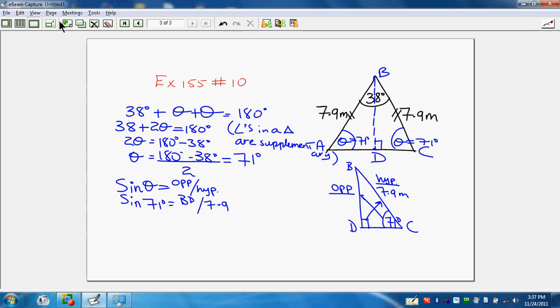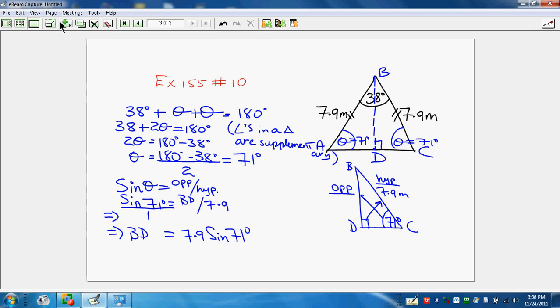7.9 meters. So in order to find BD, we will put sine 71 degrees over 1, and we'll cross multiply. BD by 1 will give us BD, and that will be equal to sine 71 degrees by 7.9, which is the same thing as saying 7.9 sine 71 degrees.